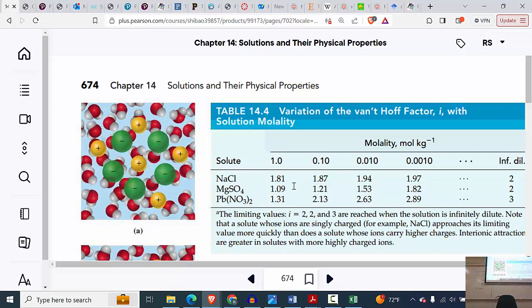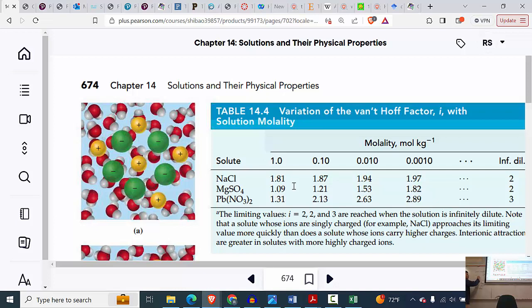You know, what's another name for effective concentration? Another name for effective concentration is the activity. And so activity is very important in chapter 13. So you should at least know what the activity is. And so the same thing happens here.